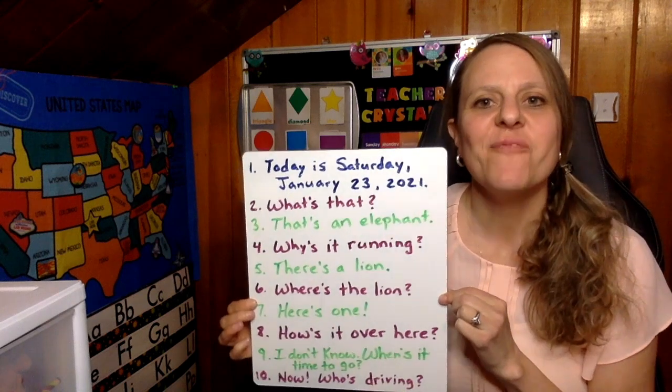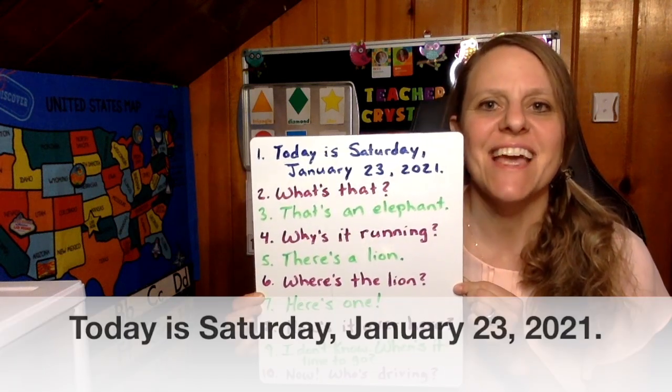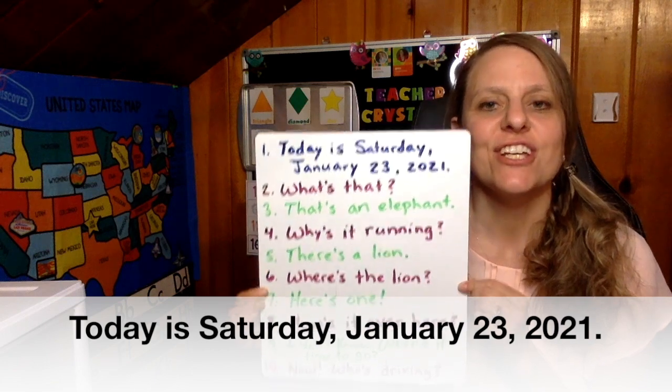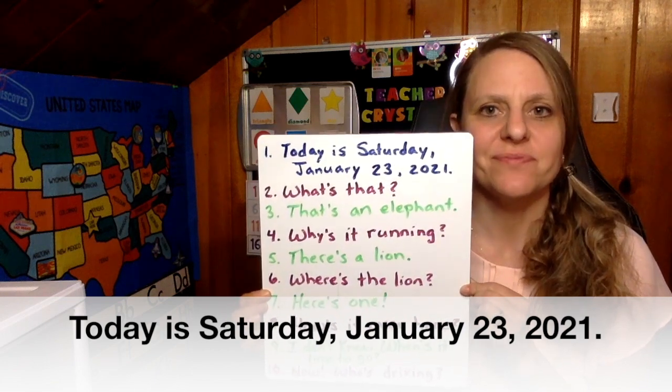These classes are for you. So now let's review the sentences that you just wrote in your notebook. Are you ready? All right, here we go. Number 1, today is Saturday, January 23rd, 2021.